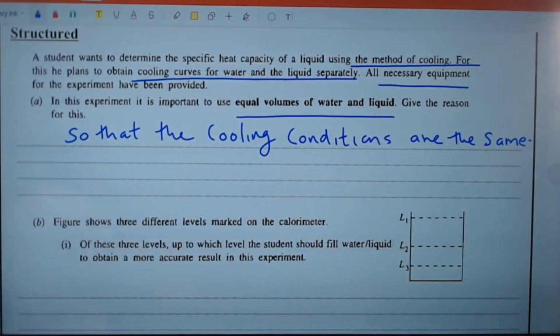The important idea there is the cooling conditions should be the same. The basic cooling conditions should always be the same.